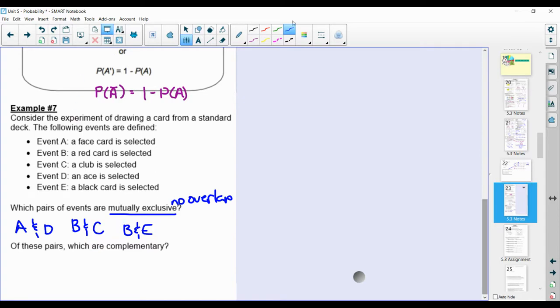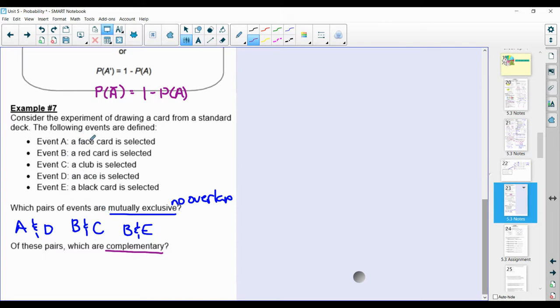Now the question is, which of these ones then is complementary? So complementary means that they're exactly the opposite. Well, A and D, we're looking at a face card and an ace. Well, a face card and an ace is one outcome, but we also have other outcomes outside of that Venn diagram if I were to draw it.